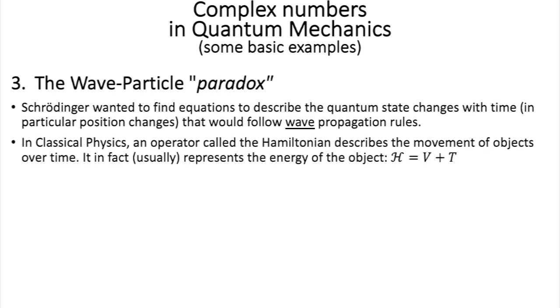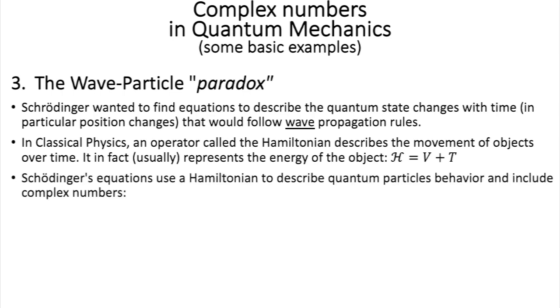Now, in classical physics, an operator called the Hamiltonian describes the movement of objects over time. In fact, it usually represents the energy of the object. That's what makes us move from one state to another state. And it's therefore a sum of kinetic plus potential energy.